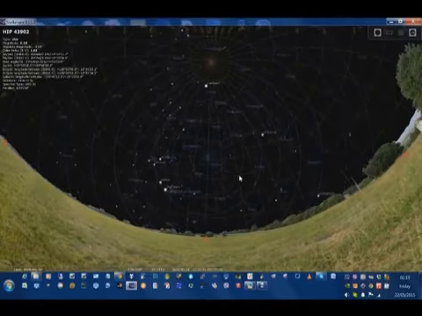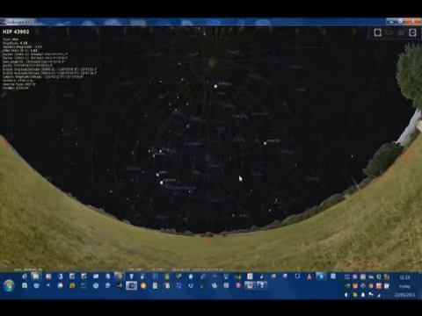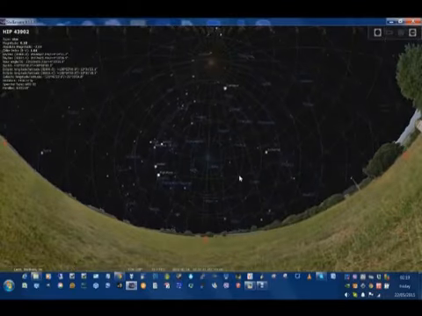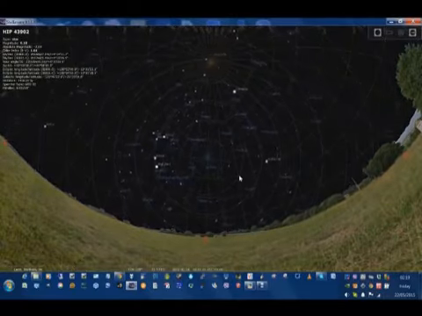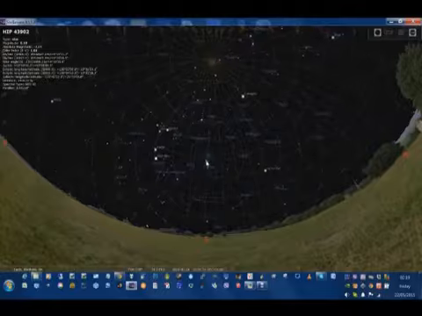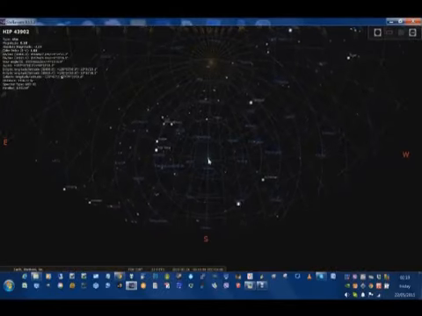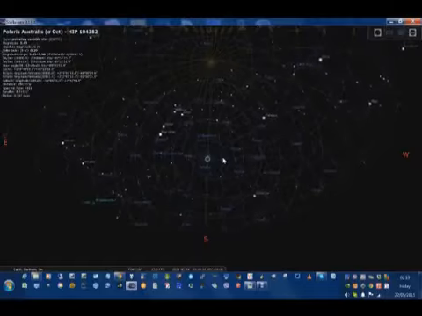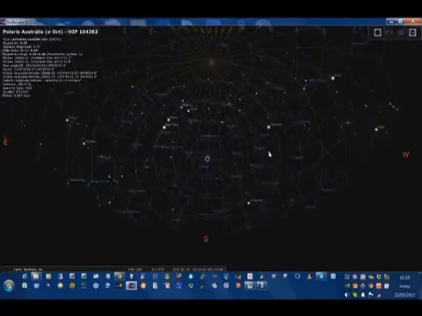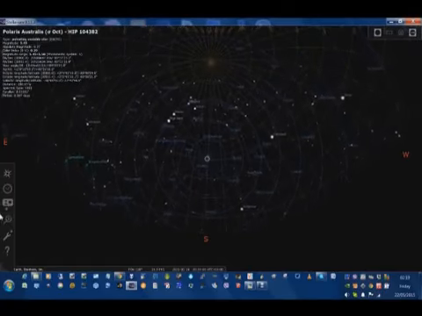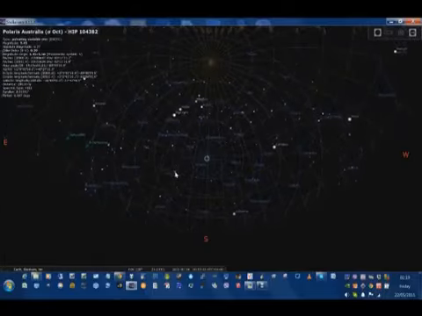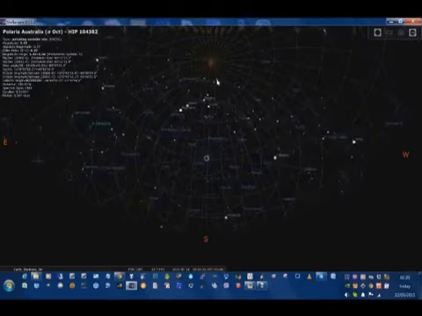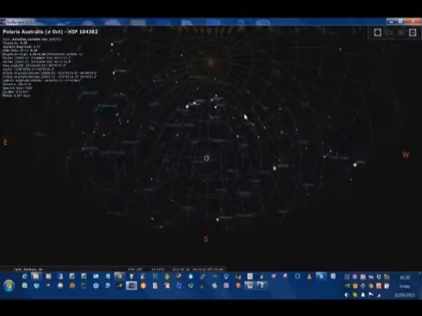We see the stars rotating clockwise. And I'm facing south, and they're rotating clockwise around the pole there. Okay. So that matches up with what we would expect to see. A clockwise rotation as opposed to an anti-clockwise rotation, which you see in the northern hemisphere.